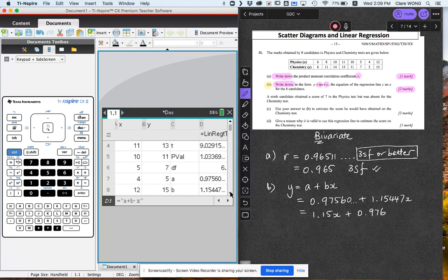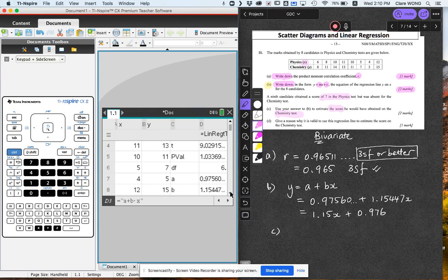Part C, it says use your answer in B to estimate the score you would have obtained in the chemistry test. So the chemistry test is what we do not know. So we want the score of the chemistry test. We are given the score of physics. So physics is our x.